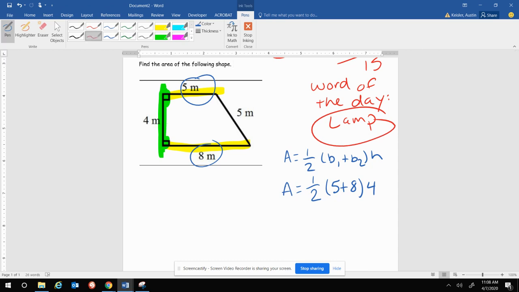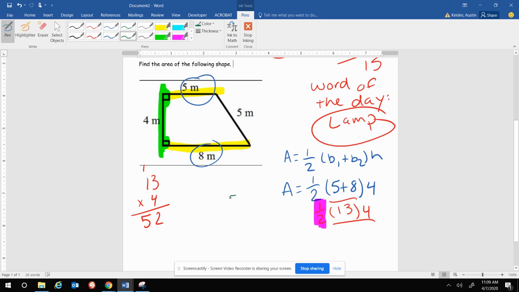So I've got 5 plus 8 is 13. I'm going to bring everything down. I'm going to do 13 times 4 next, because to me, that's the easiest. 4 times 3 is 12. 4 times 1 plus 1 is 5. So I get 52. And I cannot forget, a lot of people forget this half right here. Don't forget it.